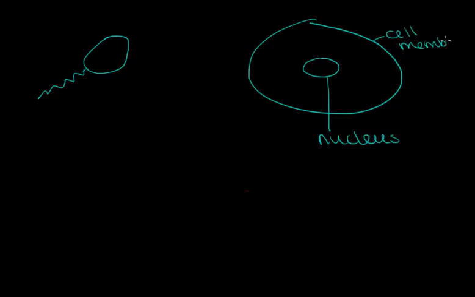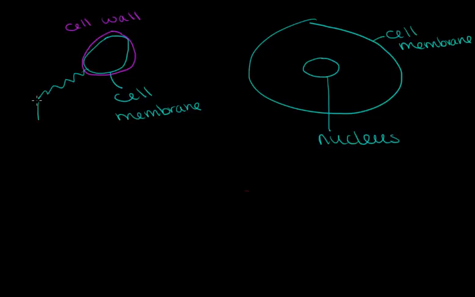And here we've got the cell membrane in our prokaryote. This would also have a cell wall. Let's make that purple. Cell wall. And here we have a cute flagella that would be for movement. Because why not?